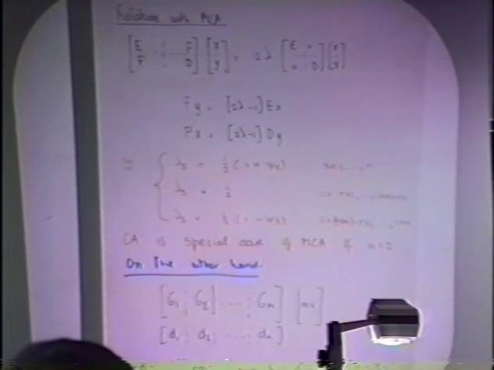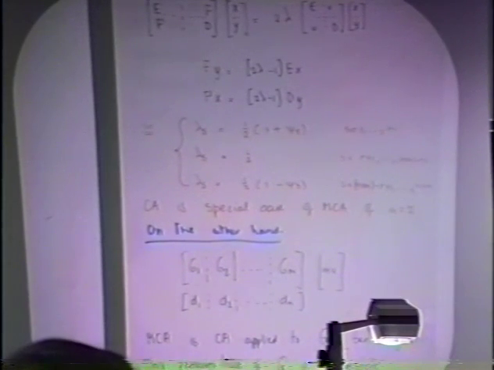Now this shows that correspondence analysis is a very simple special case of multiple correspondence analysis. As I have said in the beginning, the French do it the other way around. The French emphasize the fact that multiple correspondence analysis is correspondence analysis applied to the indicator matrix.